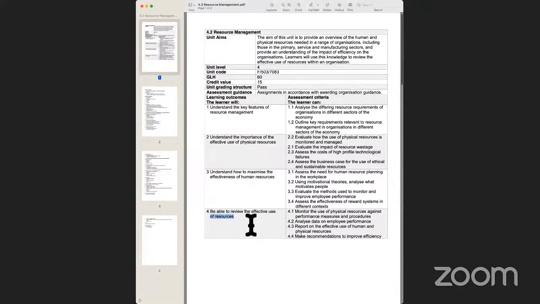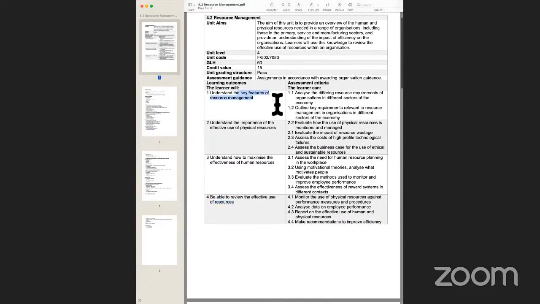Once we understand physical resources, and how humans contribute and manage these resources, we look at it as a system of managing and maximizing the use of these resources by people, staff, and employees within organizations. So it will filter down nicely into what we want to cover in the unit.